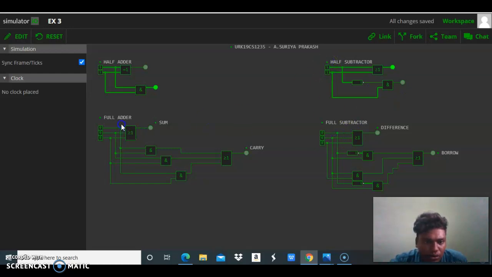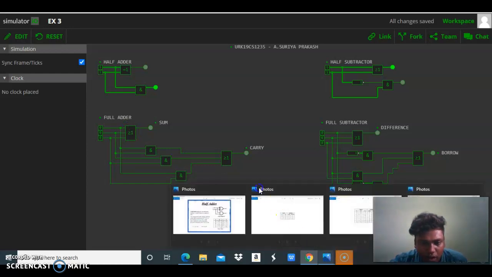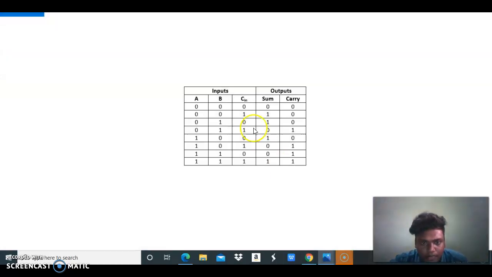Now we are going to see the full adder. The full adder truth table is: 0 0 0 is 0 0. 0 0 1 is sum 1, carry 0. 1 0 0 is 1 1, sum 1, carry 0.